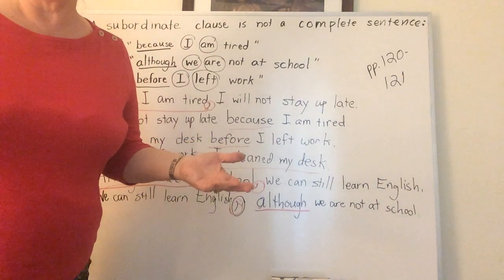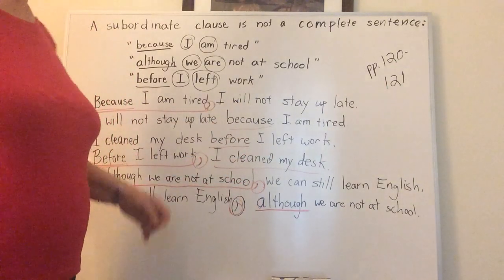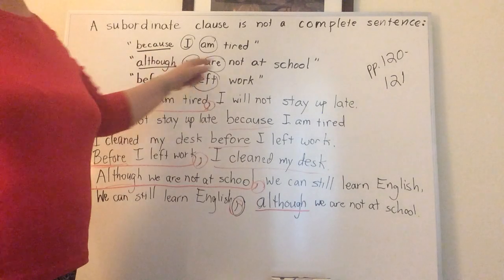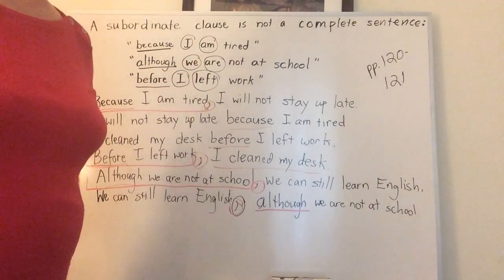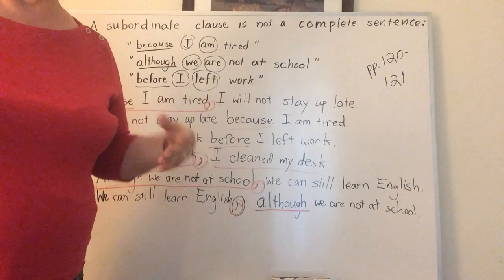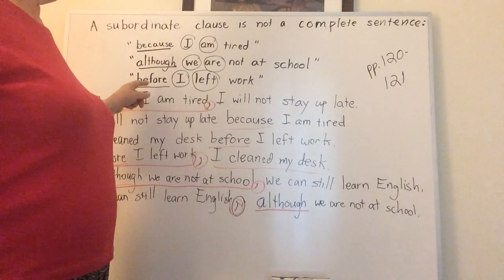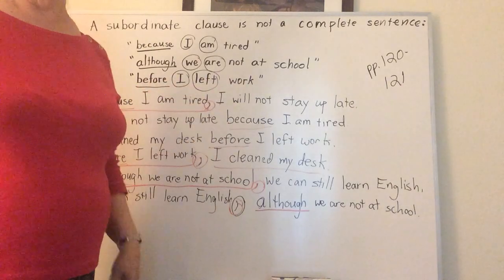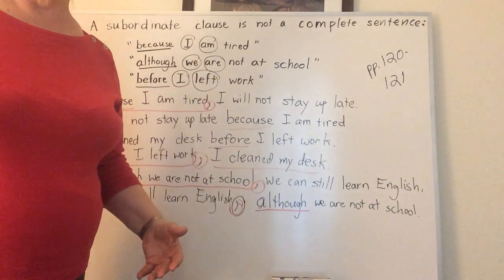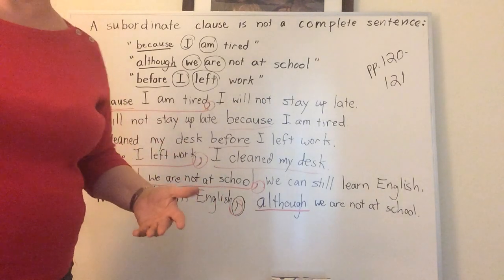Because you are tired what? It's not a complete sentence. Or, although we are not at school. Well, yeah, we're not at school, but what do you mean? We need more information. Before I left work. Well, you're not at work anymore, so what are you talking about?